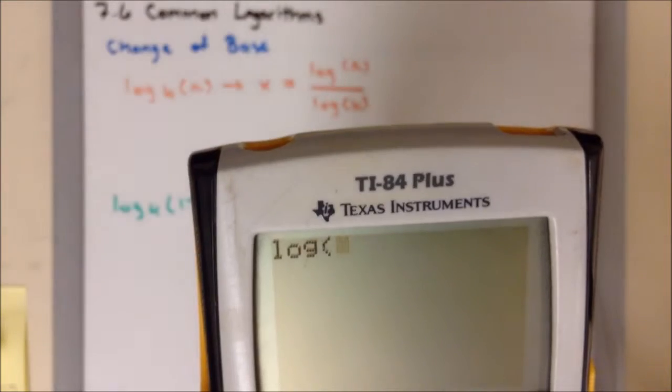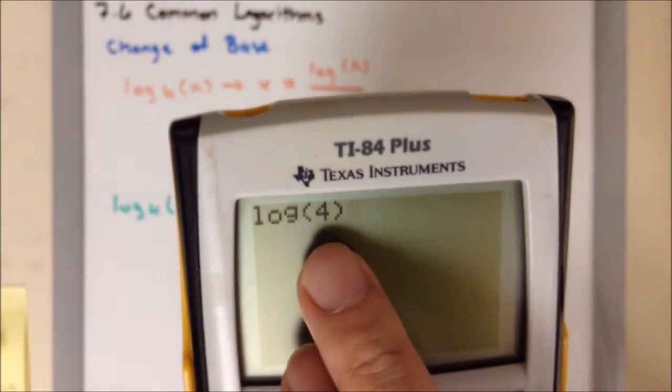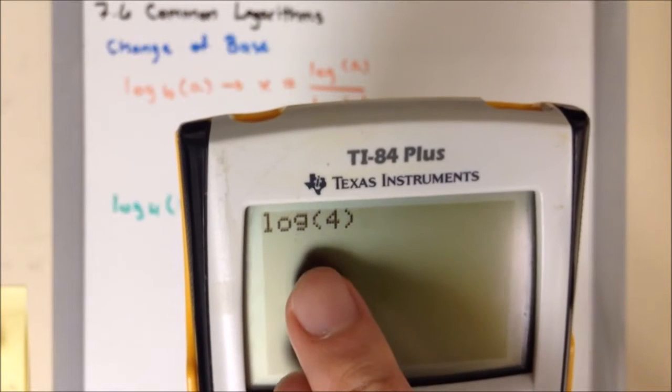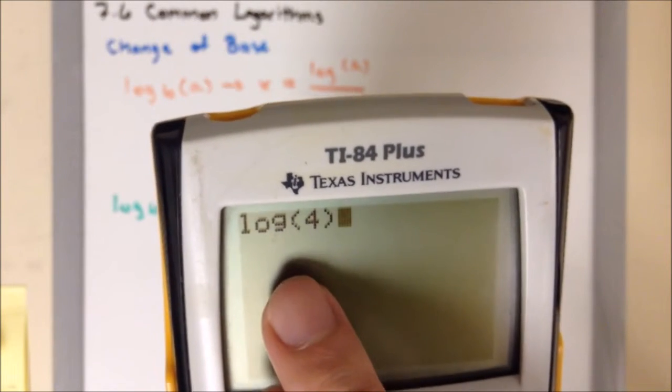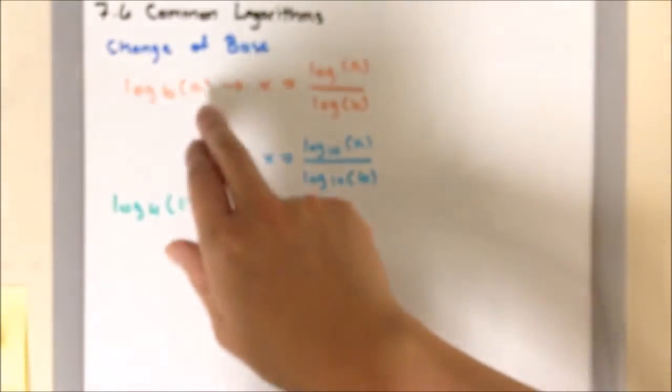If I try to do log of 4, again, the 4 is not part of the log's input, it's the base. With scientific calculators, we don't have the option to type in our base. So our only option is to use the change of base formula.